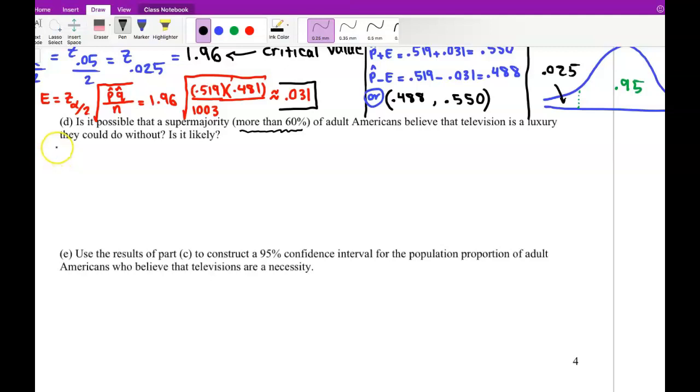So is it possible that P is equal to 0.6 or 60%? Is this one possible?